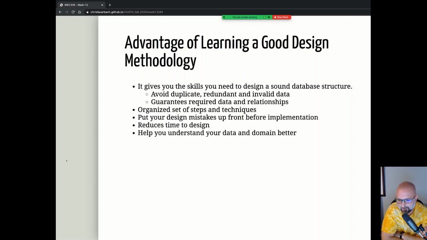It's going to help you from making mistakes. And I like the last bullet in here from the book. It helps you understand your data and domain better. If you take time ahead of actually building something to plan how to build that thing, odds are it'll end up being better. You know, cars, houses, databases, it's all the same. It's plan how to build it before you build it.